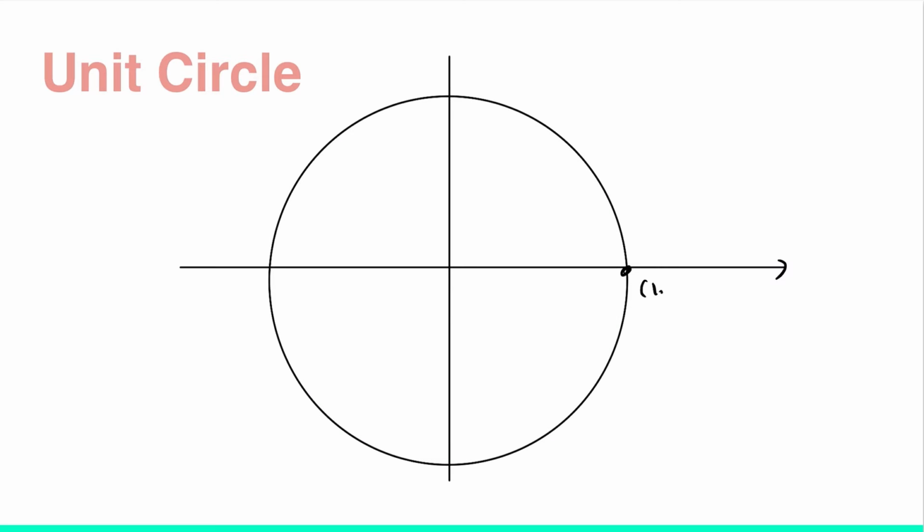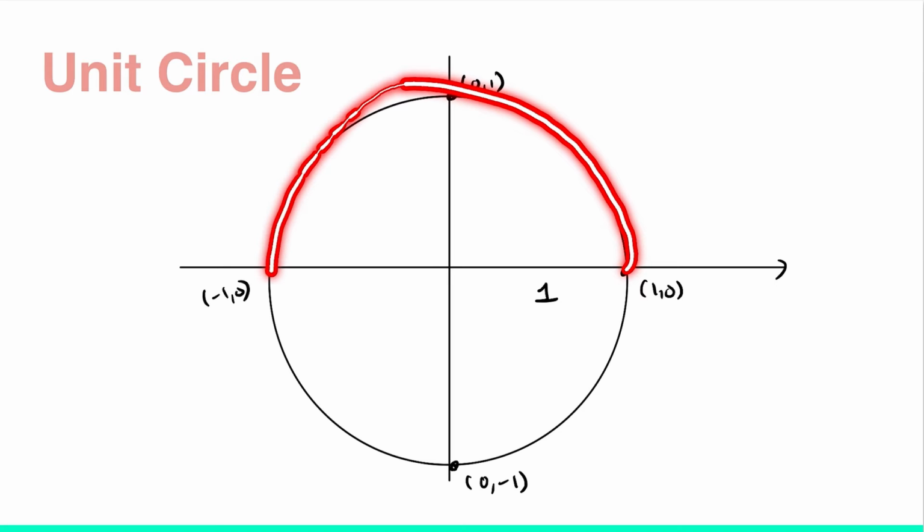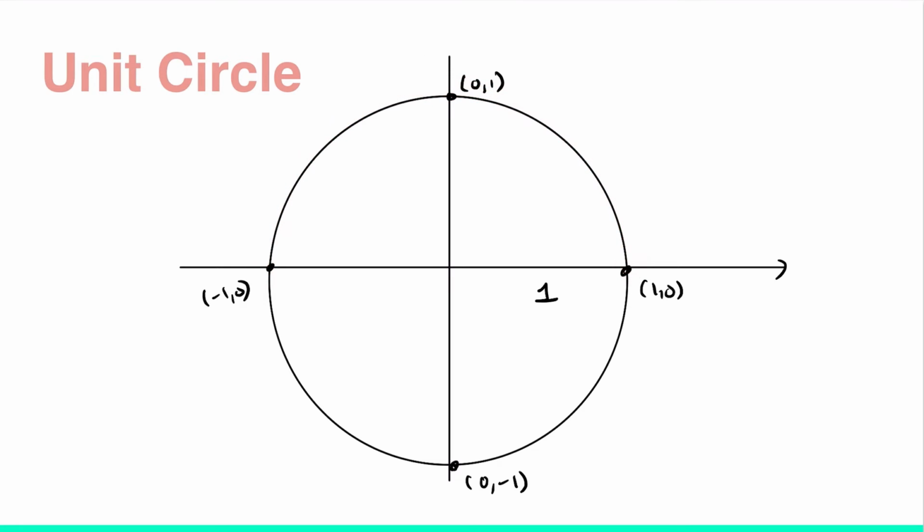So this point here would be (1, 0), (0, 1), (-1, 0), and (0, -1). And if you remember, this unit circle has a radius of 1, so the physical distance of half of the circumference is 3.14, which is what we call pi.